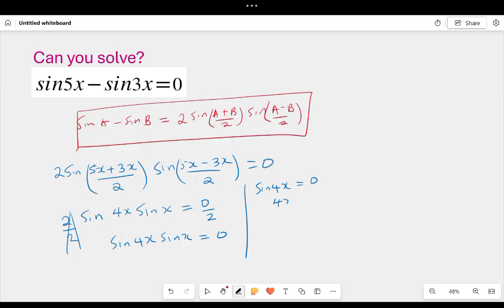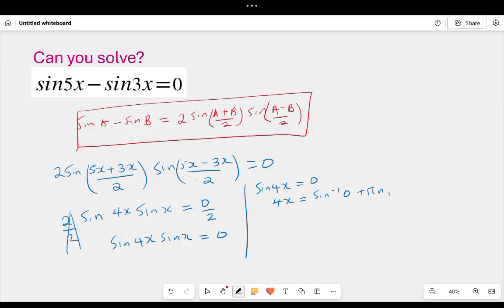Now 4x would simply be equal to the sine inverse of 0 plus pi n. We are just doing pi n because 0 is a special angle, and therefore for every pi radians or for every 180 degrees, we are actually going to get a 0. All right.